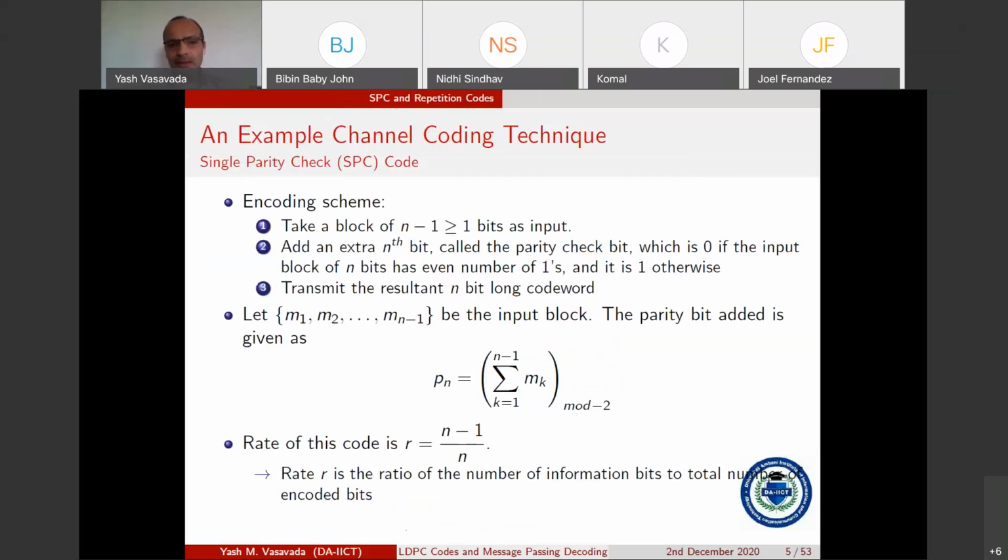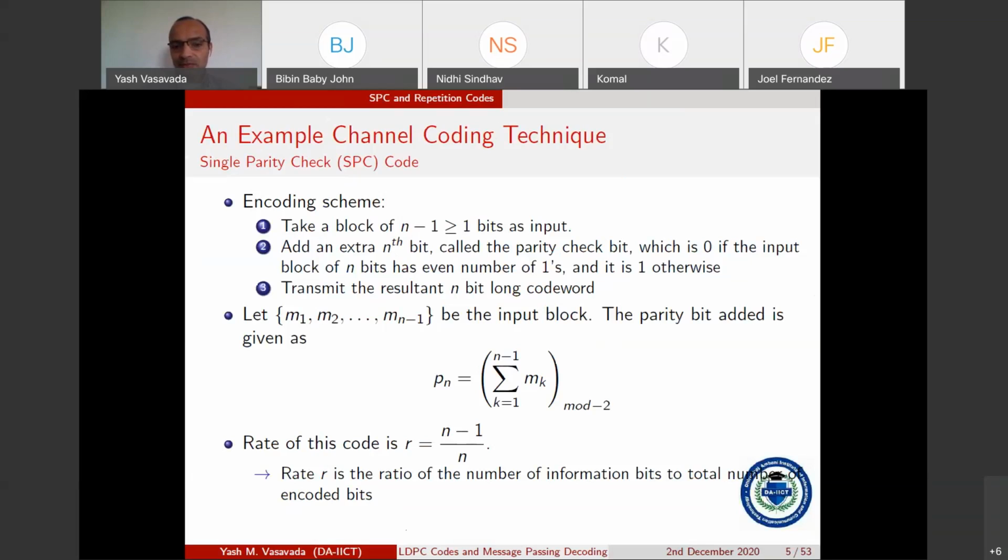We have covered some of the basic channel coding schemes. One is called single parity check code. And the idea is very simple. You take some number of bits at the input, and then you add one extra bit, it is called the parity bit.